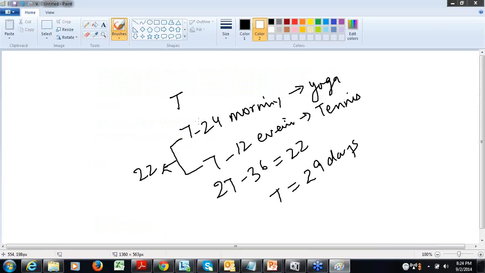So T minus 24 mornings yoga, T minus 12 evenings tennis. So these two should be equal to 22. So T minus 24 plus T minus 12, 2T minus 36 is equal to 22. T is equal to 29. Everybody clear with that? Or does anybody still have a problem? Clear? Okay.